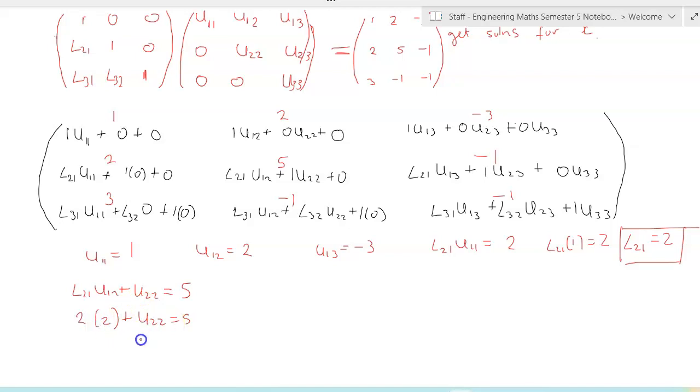So 4 plus U22 equals 5, so U22 equals 5 minus 4. U22 equals 1. Okay. Right, so that's done. So now we're at this equation here. I'll scroll up a bit.